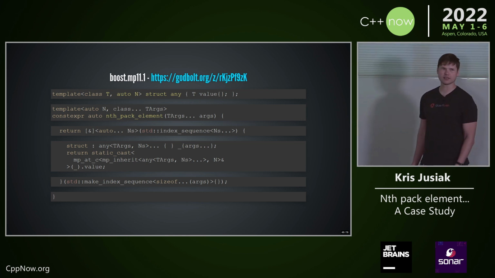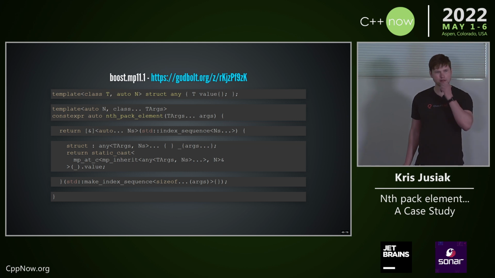Oh, sorry about that. That's a valid point. Thanks. So mp_at of mp_list of the pack is just going to be any of Targs and n, right? It seems like that part is entirely extra because you could just use n. You already have a symbol for it, right?